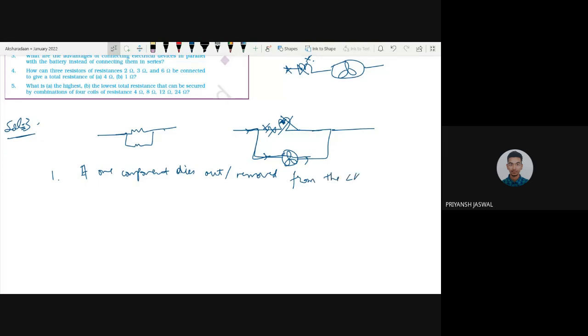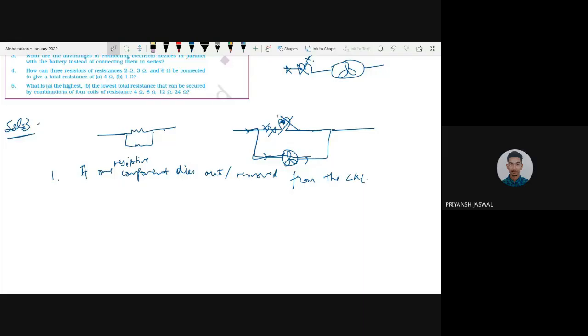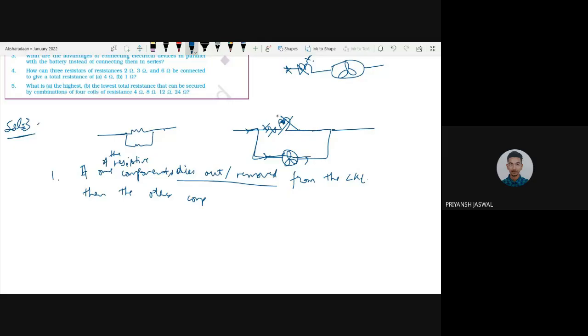Only the resistive components. If one of the resistive components dies out or is removed from the circuit, then the other components will continue to function.